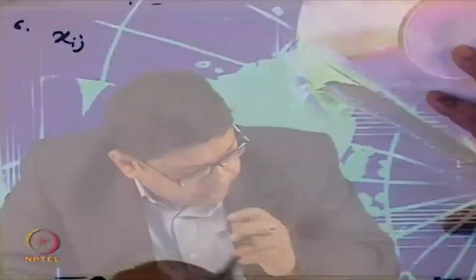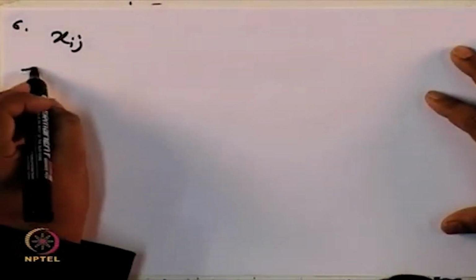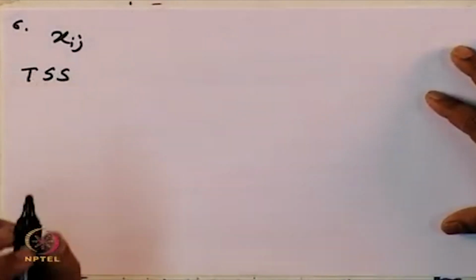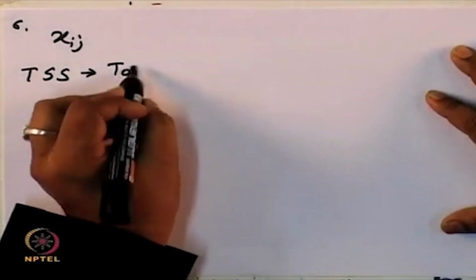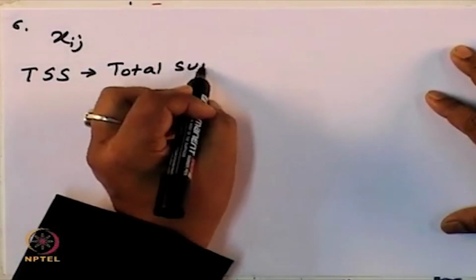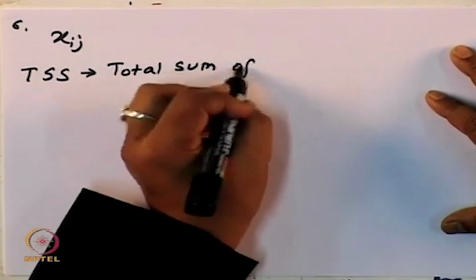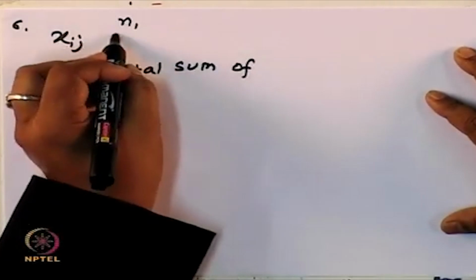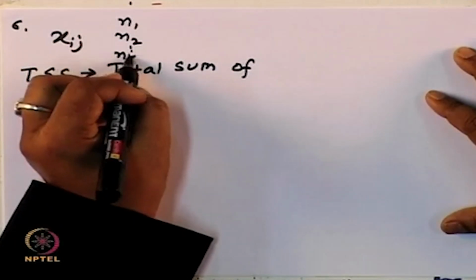So, what you do? As I said, x_ij is your jth measurement from the ith sample. You calculate the following quantities. TSS is the total sum of squares, and you have samples drawn of sizes n1, n2, ... nk.